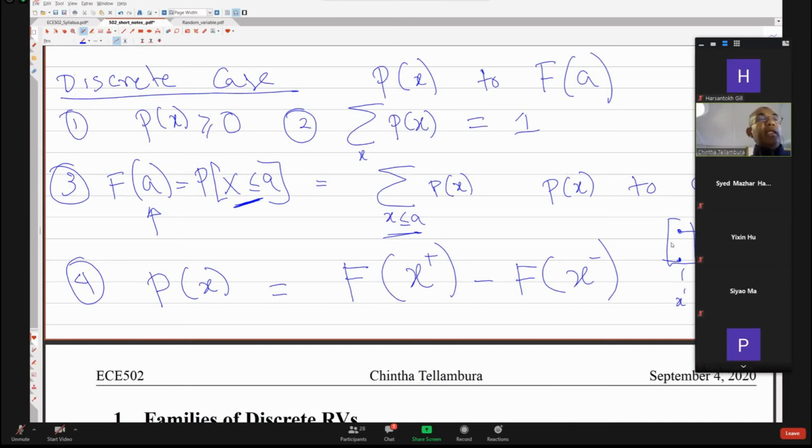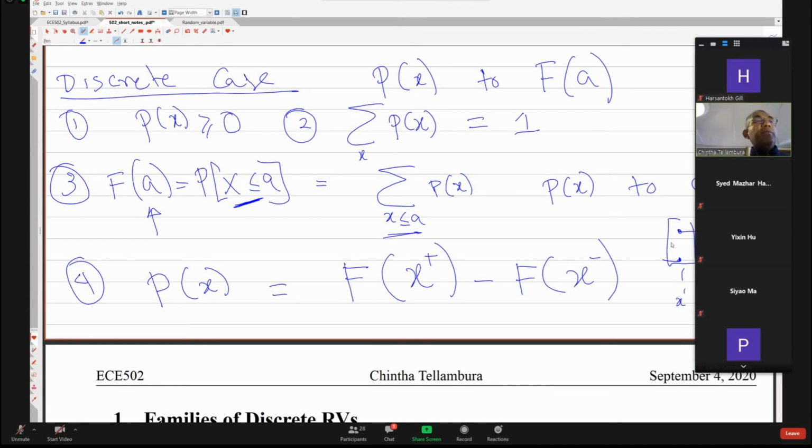That height is equal to the value of the probability mass function at that point, and you have to do this for all members of the support. Remember, a discrete random variable has a discrete support, the set of numbers where the probability mass function is non-zero.